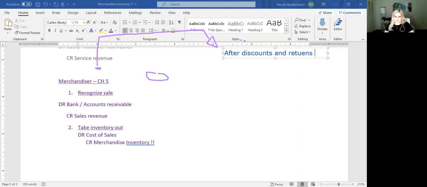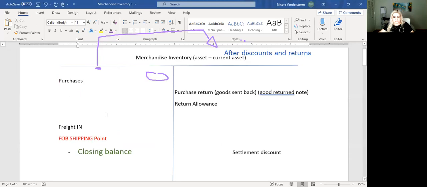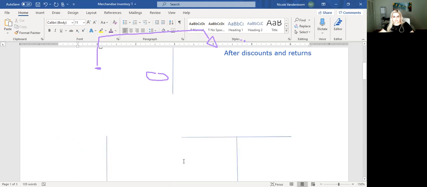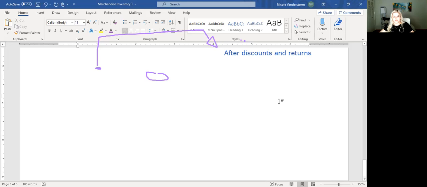And we've already seen that in the journal, in the T account that I showed you earlier. So if you just want to go back and have a quick look, if you recall, what we said was that our net sales is going to be after our allowances and after our other expenses, because everything hits our sales after discounts that we offer to our customers, right?